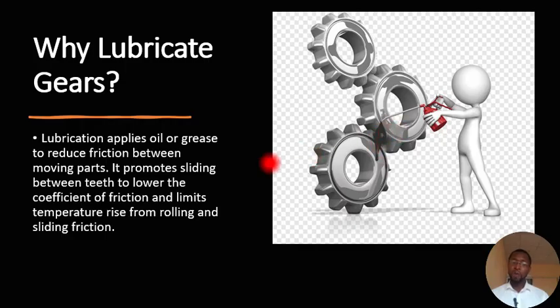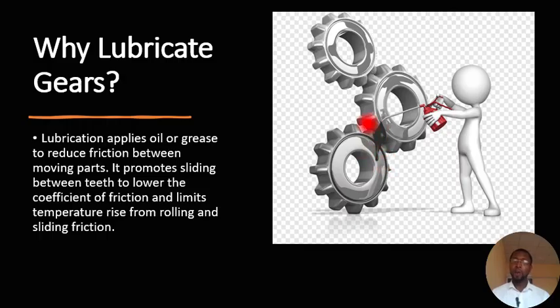This will reduce the friction and it will promote sliding between the teeth. Oil is slippery. So by the time you apply the lubrication oil or grease, it will promote the sliding of the teeth between each other and will lower the coefficient of friction. It also limits temperature rise from rolling and sliding friction, because it is when there is friction that you will have temperature rise.